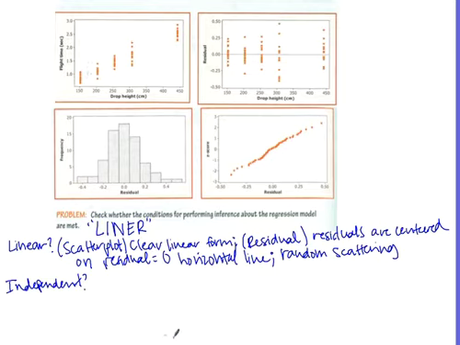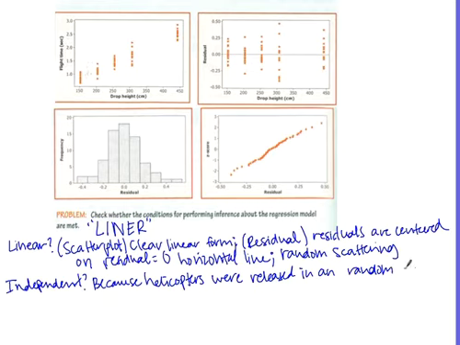So basically, we would say, because helicopters were released in a random order. We know that because it was stated in the problem. And no helicopter was used twice.